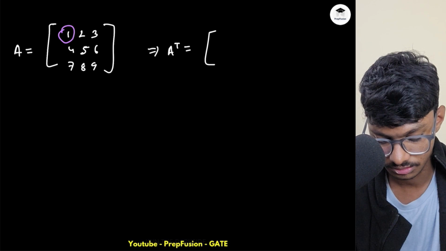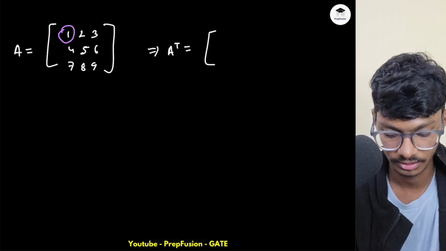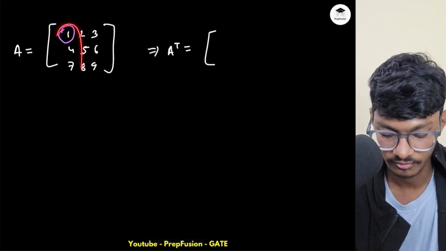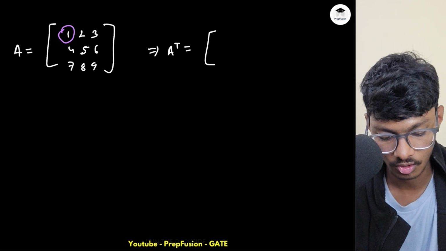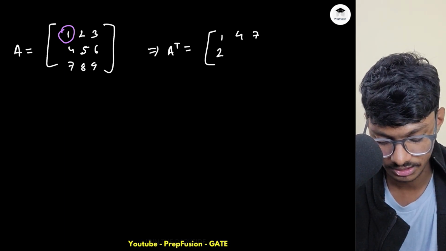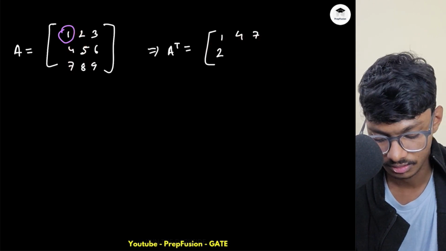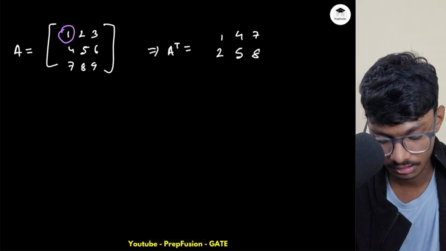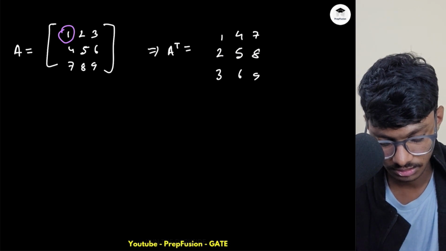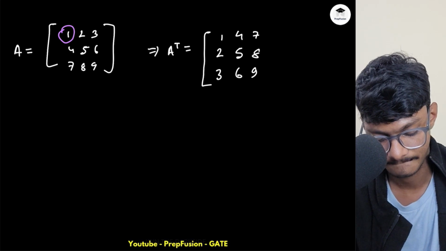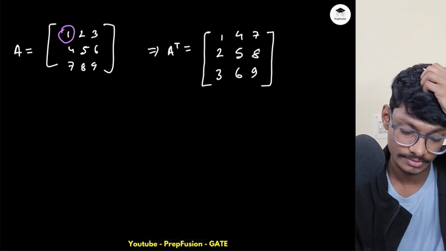The diagonal elements won't get interchanged. So this is a column, so I will form this as a row. The first column is 1 4 7, so I will write this as the first row. Then the second column is 2 5 8, so I will write this as the second row, and the third column is 3 6 9, I will write this as the third row. So this is my A transpose basically.